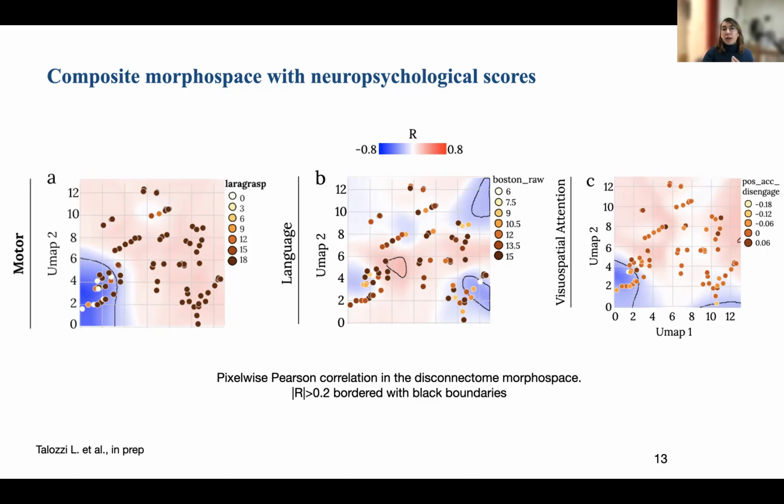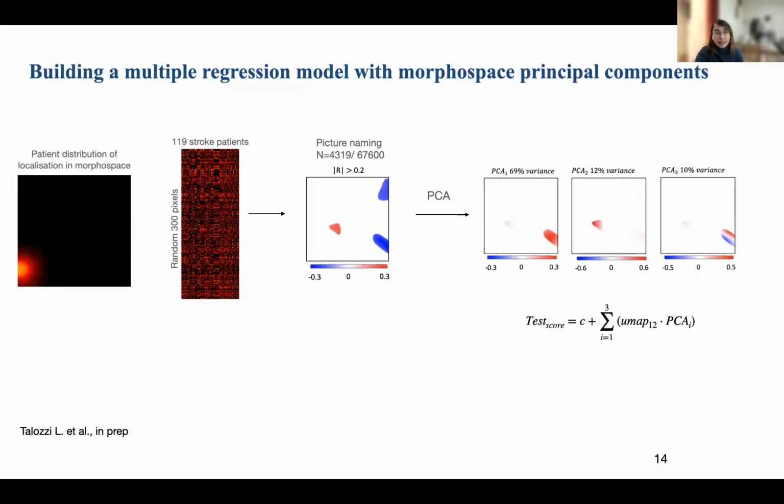So we are going to use this information, these pixel-wise R correlations between embedding coordinates of disconnectome patterns in the morphospace and neuropsychological scores, to create a model that allows us to predict new patients' neuropsychological scores.